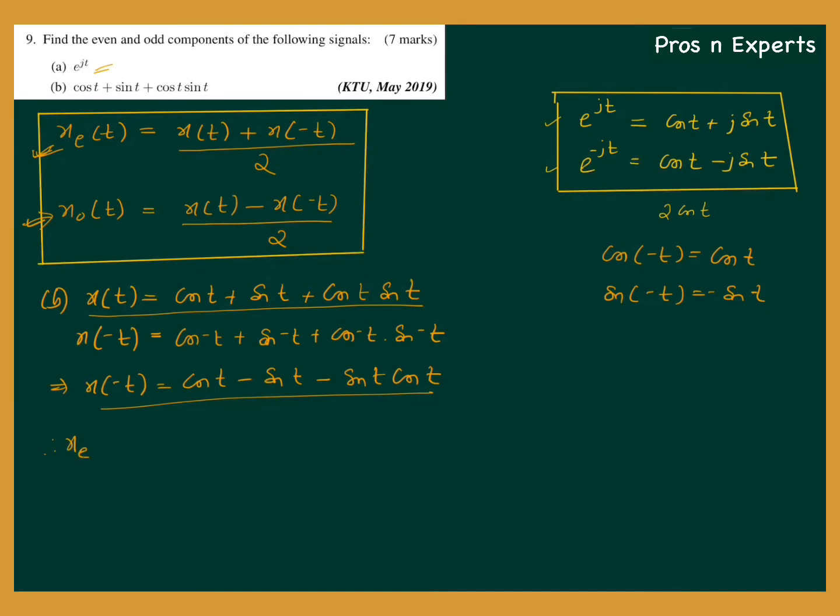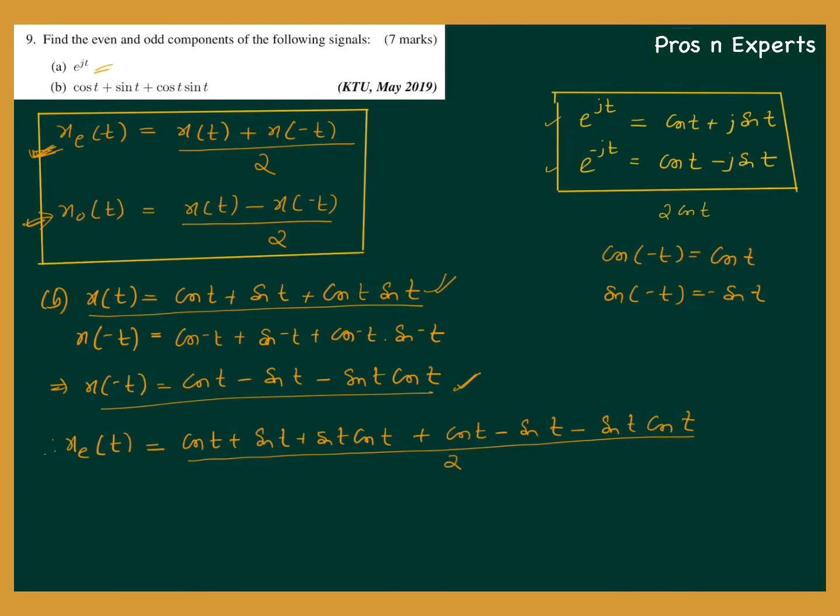So this is x of minus t, and this was x of t. Therefore, for xe of t we can apply this equation. Xe of t will be equal to x of t plus x of minus t, whole divided by 2. So cos t plus sin t plus sin t cos t, that is our x of t, plus cos t minus sin t minus sin t cos t, and we have to divide the whole by 2.